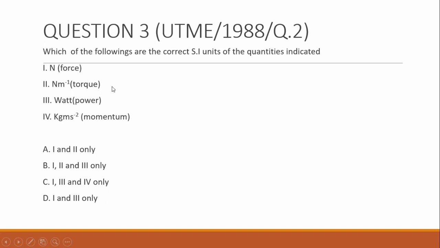So this is not correct. Watt is the unit of power, yes. Momentum is kg meter per second, not kg meter per second square. So the correct answer is Roman figure 1 and Roman figure 3. So the best answer is D.